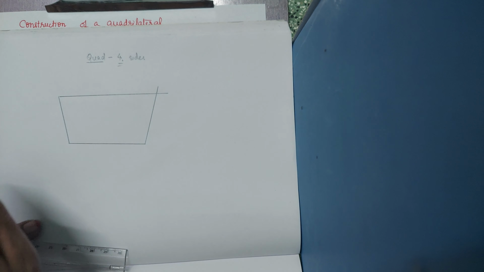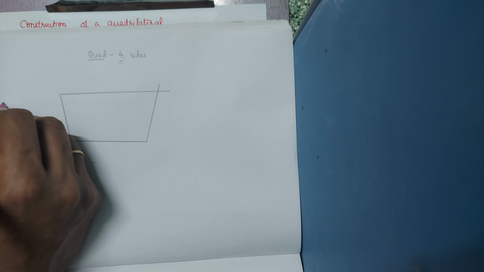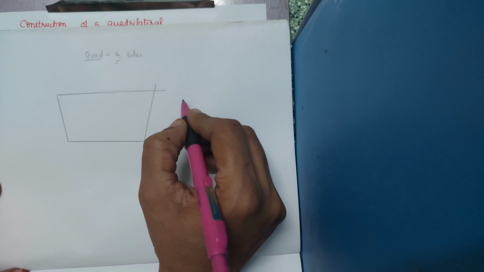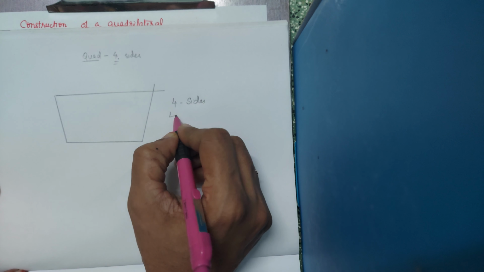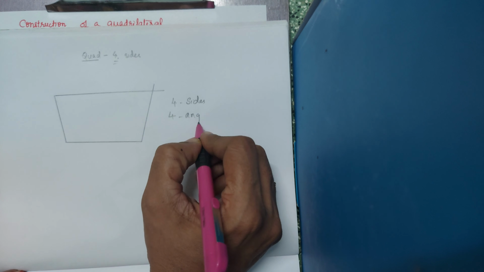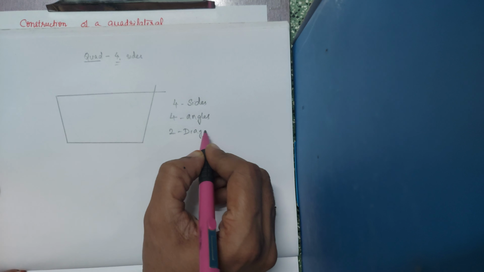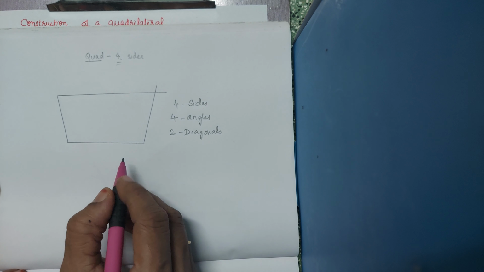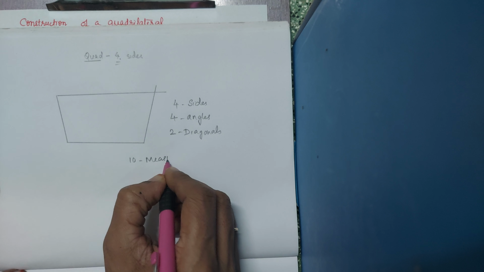So any given quadrilateral will have four sides, four angles and two diagonals. So totally it will have 10 measurements.